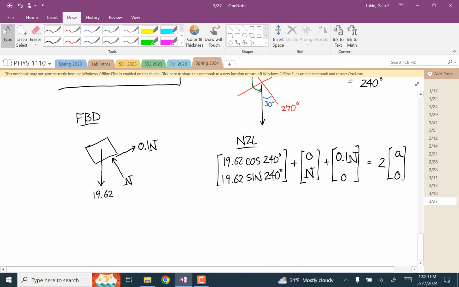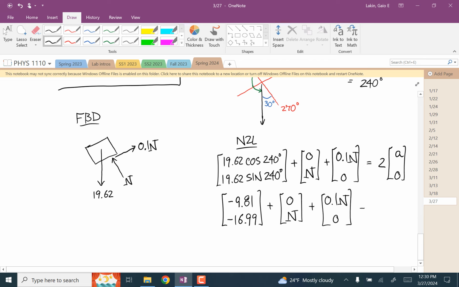And so for this one, we get negative 9.81 for the x component, negative 16.99 for the y component, plus 0n, plus 0.1n, 0 is equal to 2 times a, 0.